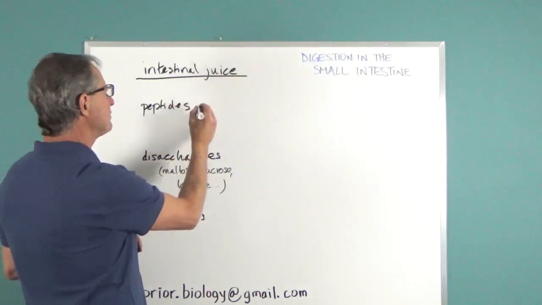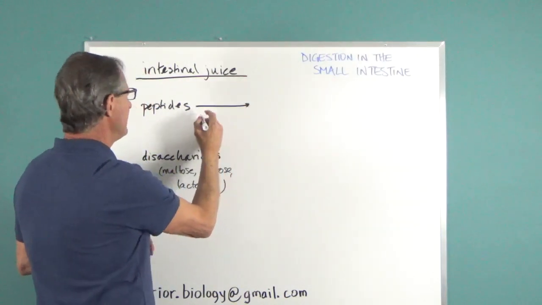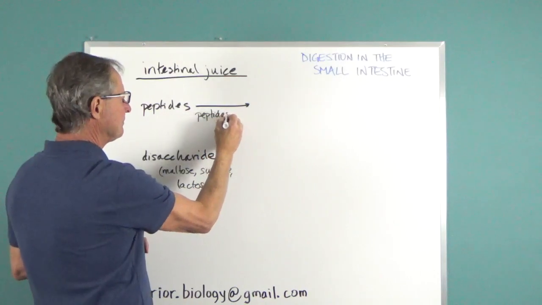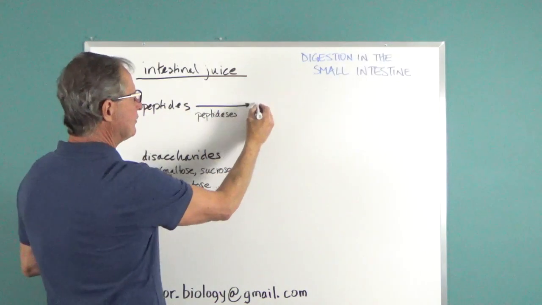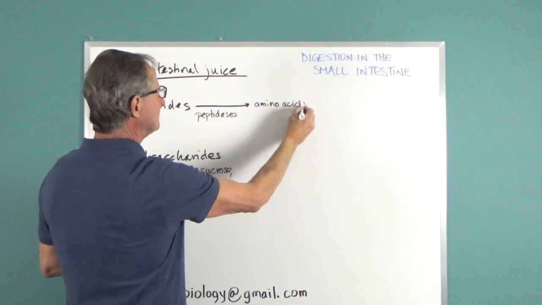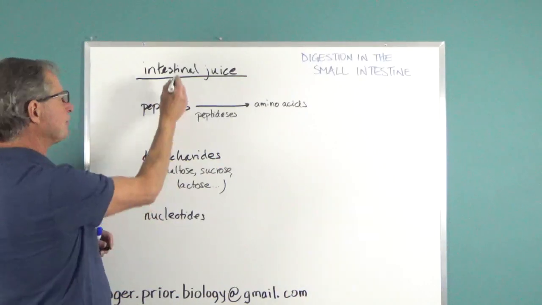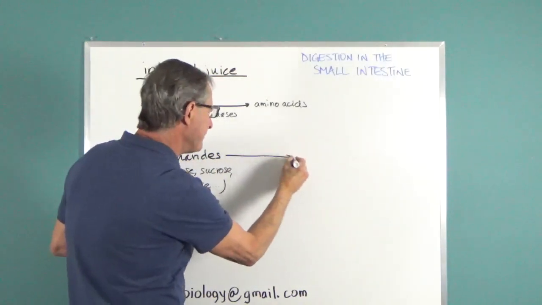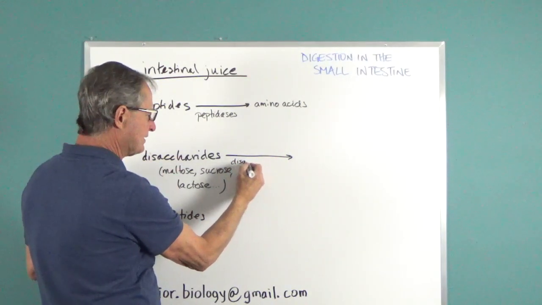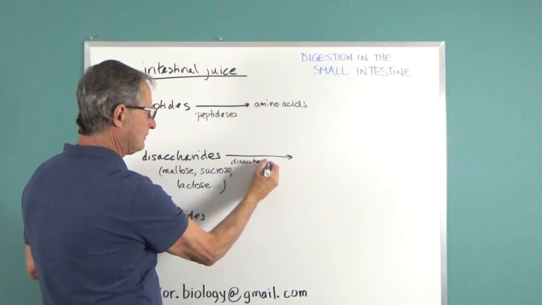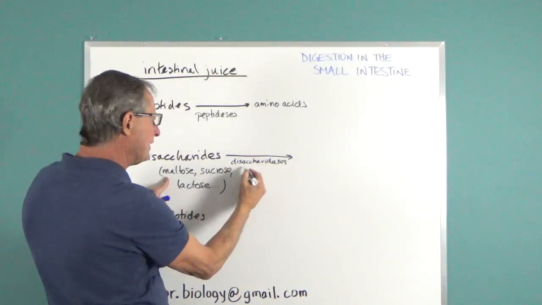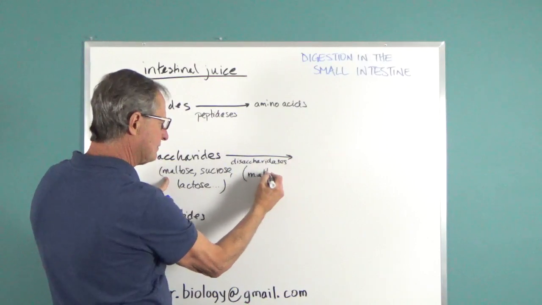Intestinal juice contains peptidases, which break these down into amino acids. Intestinal juice contains the enzyme that's going to break down disaccharides. It's simply known as disaccharidases. So if we're dealing with maltose, for example, that would be maltase.